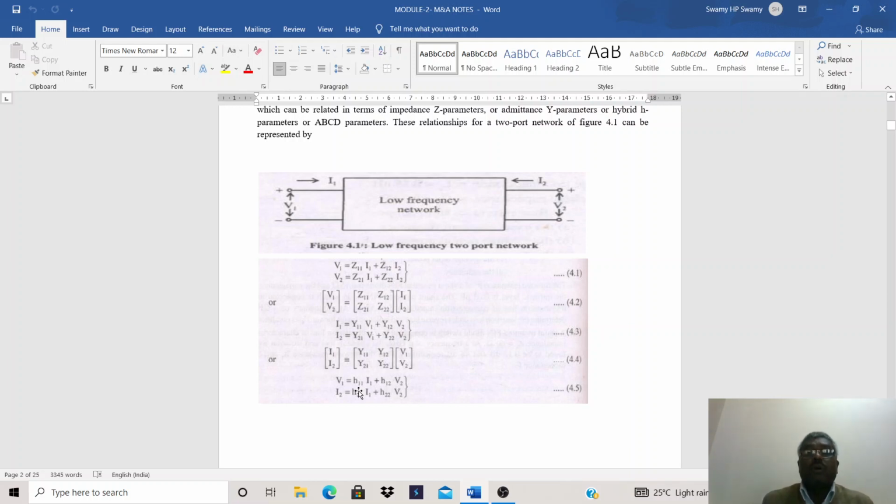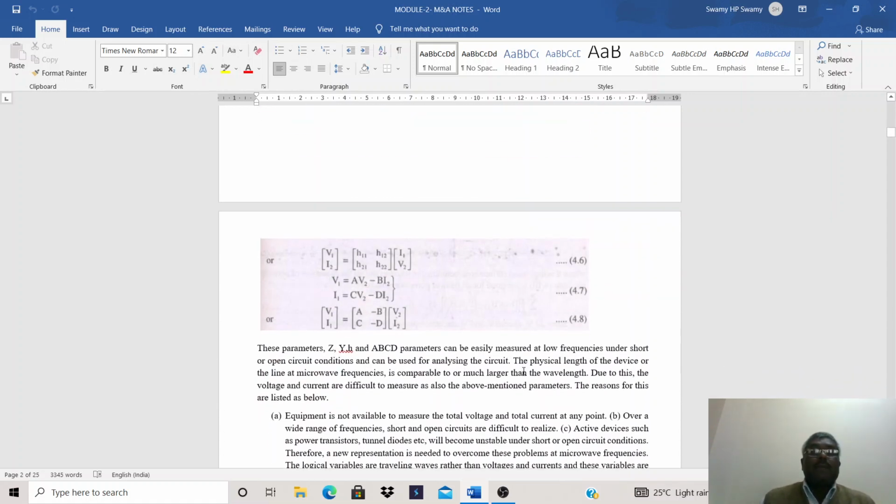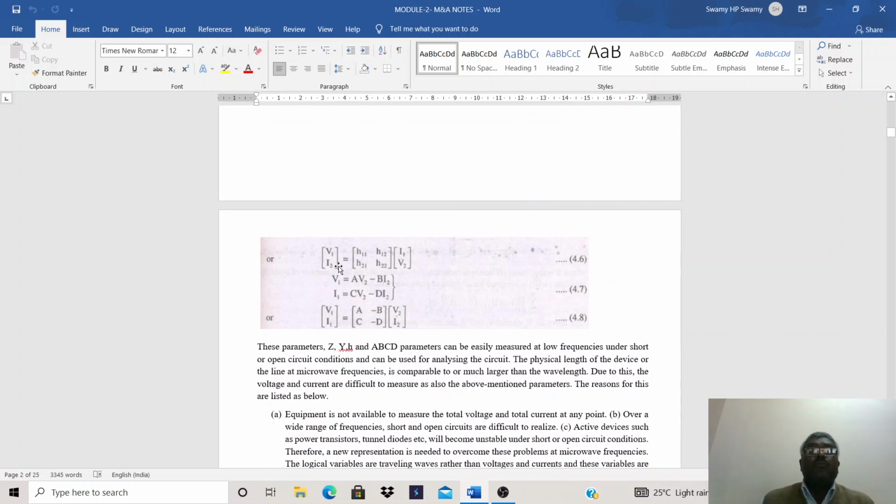For example, H11 is the hybrid parameter at the input port, H12 is the hybrid parameter between the input port and output port, H21 is the hybrid parameter between the output port and input port, and similarly H22 is the hybrid parameter at the output port. Similarly, you can take V1 and I2 is equal to the matrix H11, H12, H21, H22 times I1 and V2.